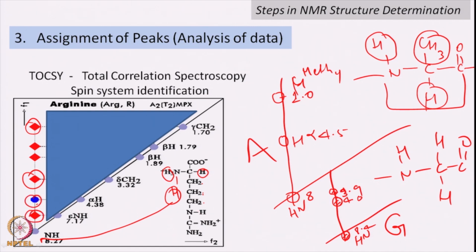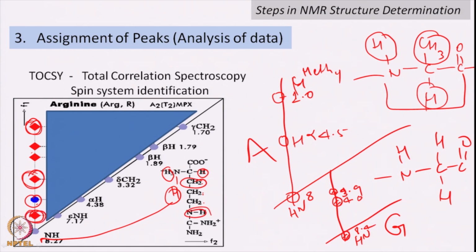So, let us repeat it again. At the diagonal, what I am getting is 8.27 from this one, then H alpha 4.38, then H beta are here 1.89 and 1.79, then gamma at 1.7 and then delta at 3.32, and then the side chain NH, which is this one, is coming at 7.7.